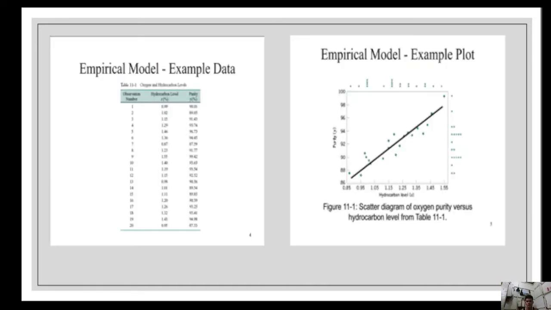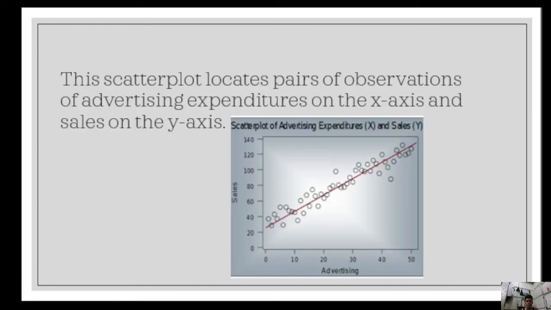So here's the example data of our empirical model and the example plot of this table. The scatter plot locates pairs of observations of advertising expenditures on the x-axis and sales on the y-axis.